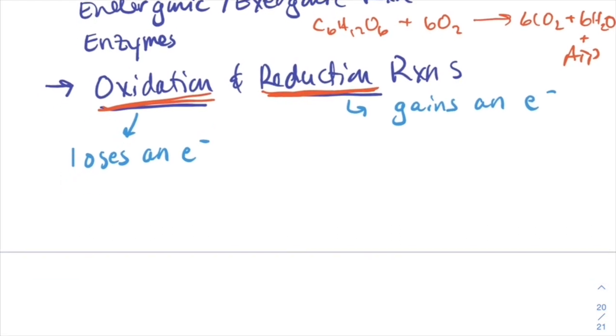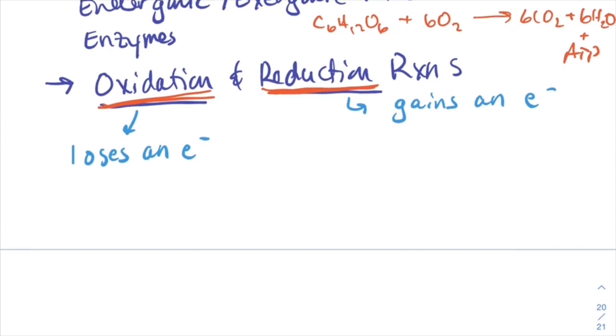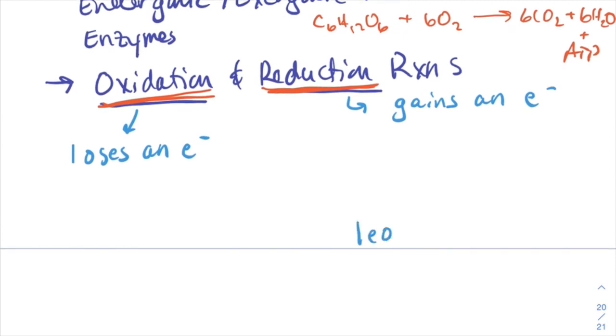There is a little stupid way to remember how this works. Sometimes people remember a sentence by just picking out the first letter of each word, and they use that for their password. We're going to do the same thing here, and this silly little mnemonic is Leo the lion goes grr.